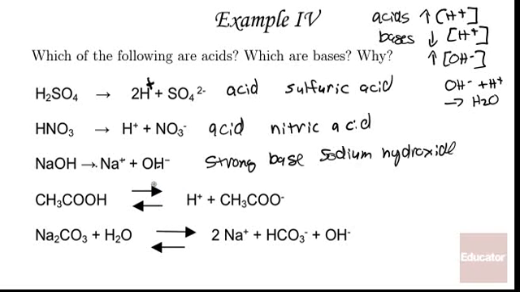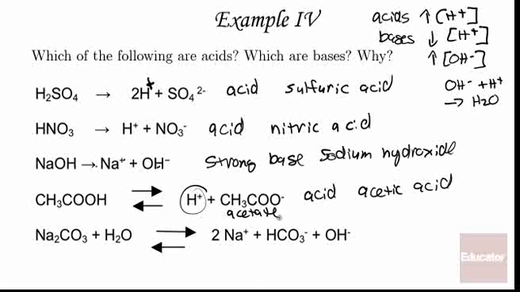Here I have the arrows going both ways because these are weaker acids or bases, so the reaction's not so far to the right. Now let's look at what's happening with this one. We have to figure out which one. This is dissociating to form a hydrogen ion plus this other compound. Increased hydrogen ion, I have an acid. This is a weak acid, it's acetic acid. Acetic acid dissociates to hydrogen ions and a compound called acetate.